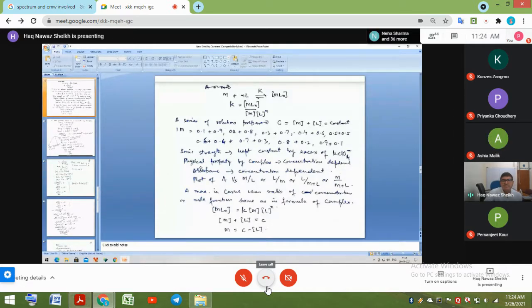Job's method does not say that you must always record the absorbance. Any physical property which changes with the concentration of the metal can technically be recorded. But we take advantage of the absorbance, because according to the Beer-Lambert law, absorbance is dependent on the concentration.